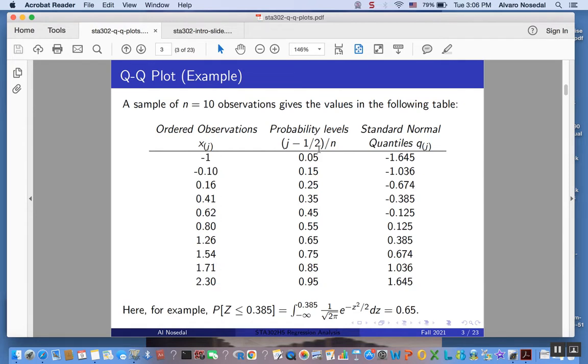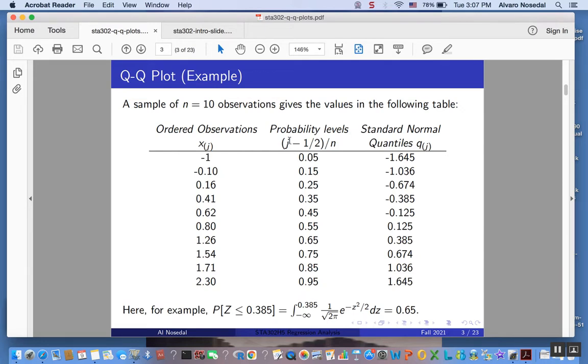Okay, now the second column on our table is a modified empirical cumulative distribution function, if you will. Think about it. We have 10 observations. So if we were computing the empirical CDF, we would have 1 out of 10, that would be 0.1. We would have 2 out of 10 at this point, so 0.2, and so on.